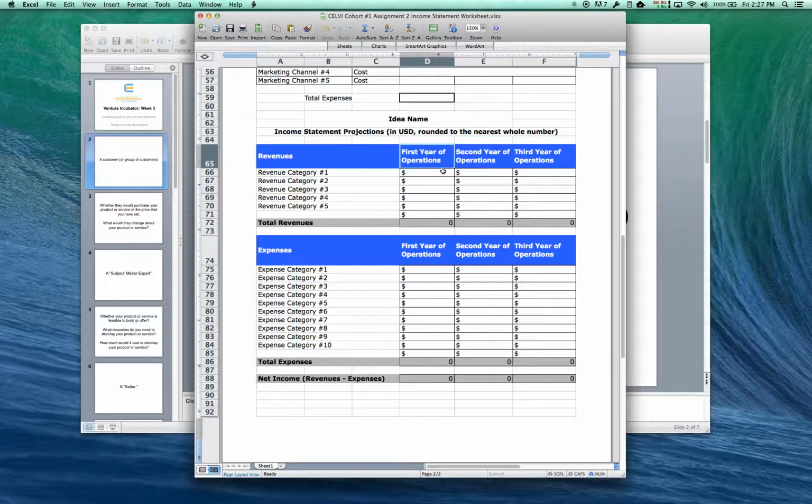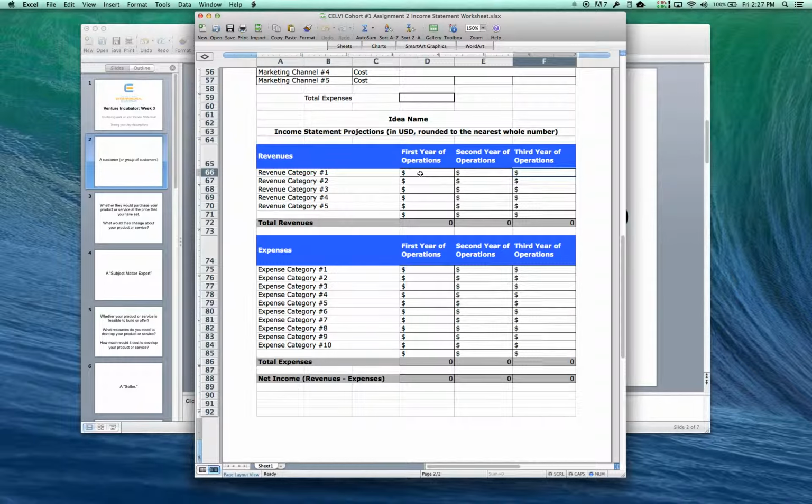Some of you in your first year of operations will not make a profit. You need to ramp up to that stage. So that's why we've built in estimates for a first year of operations, a second year of operations, and a third year of operations. Work with your mentor to come up with your estimates for each of these years, and try to prove how your business will grow over time.